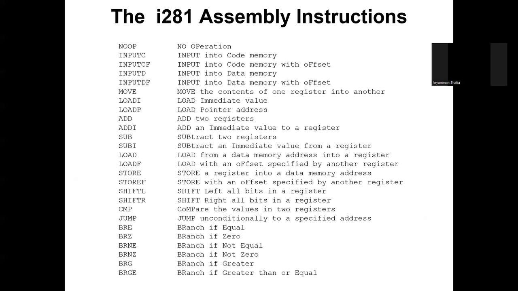You have operations which load immediate values from particular registers. You have operations to add, subtract, then operations to store into the data memory, operations to shift bits, compare values. Then you have some operations at the bottom of the screen. The jump and the different types of branches are there to jump or branch to a different instruction, and not continue running the program sequentially.